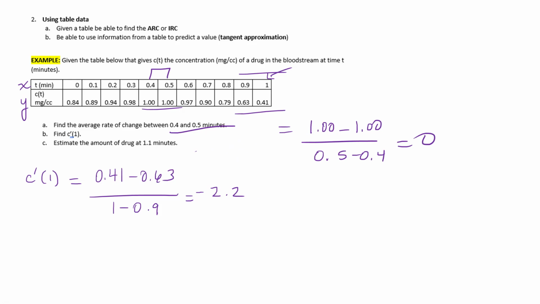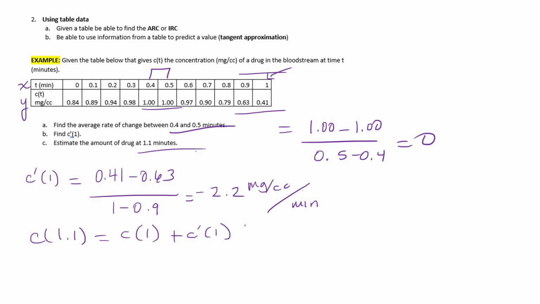Now, remember, this is the slope, so this is in milligrams per cc per minute. And then if I want to estimate the drug, this is the tangent line approximation. So this is saying estimate what I don't know at 1.1. I use what I know that is closest, plus the change, which is what I found above, and then the difference in those 2 points.